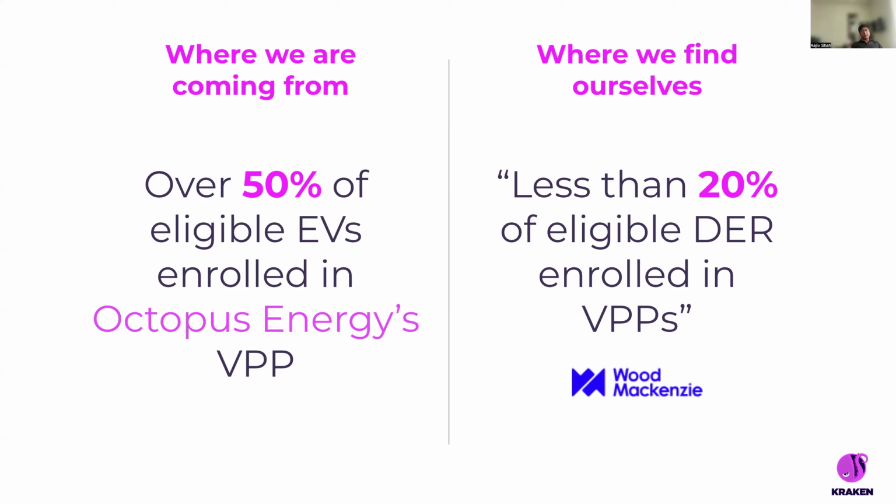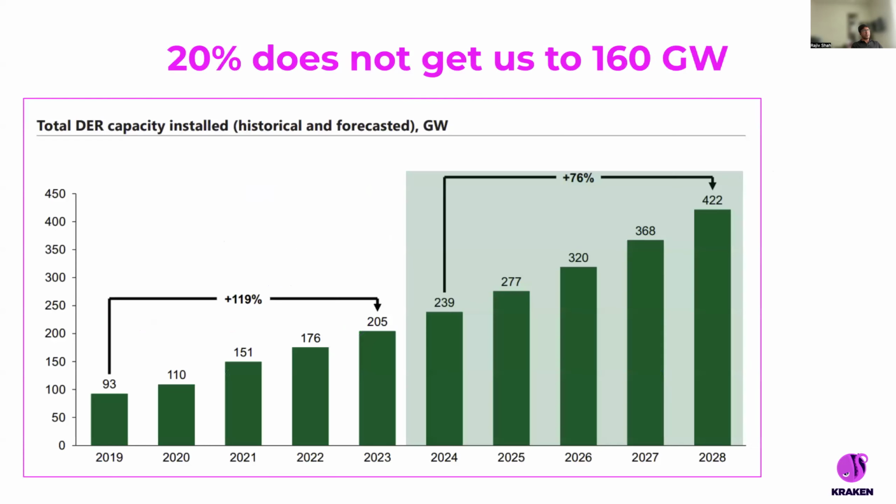That 20% figure, you see that number more with smart thermostat type programs, and it's actually much lower when you're talking about something like EV charging or home battery management.